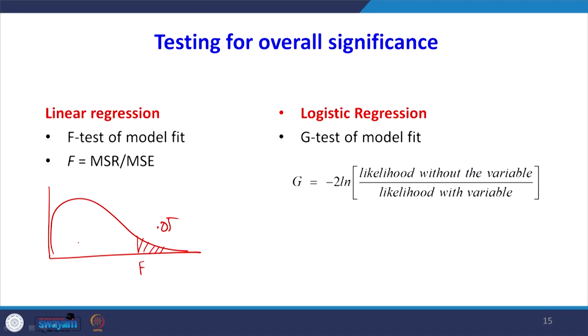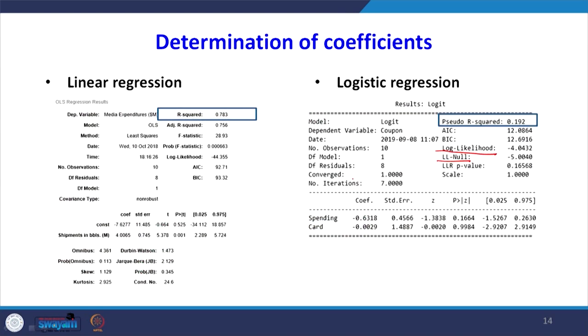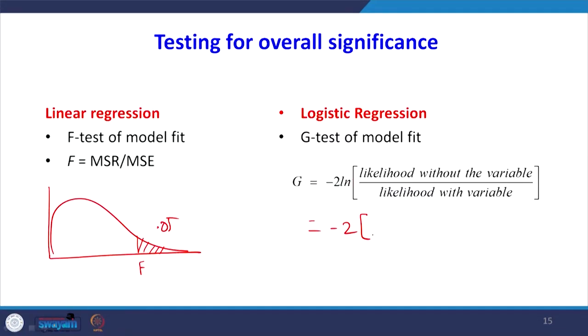But for logistic regression, the formula is minus 2 ln of likelihood without the variable divided by likelihood with variable. When I say log value, division is nothing but subtraction. So, the likelihood without the variable is minus 5, minus the log of likelihood with variable, which is minus 4.